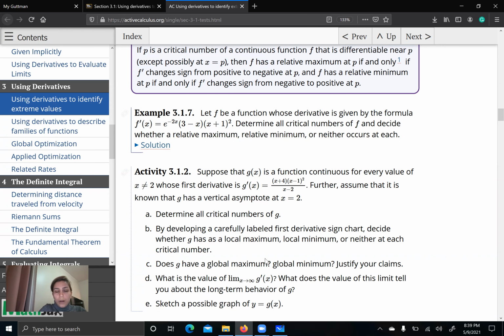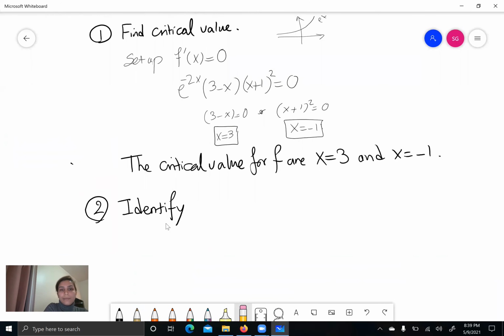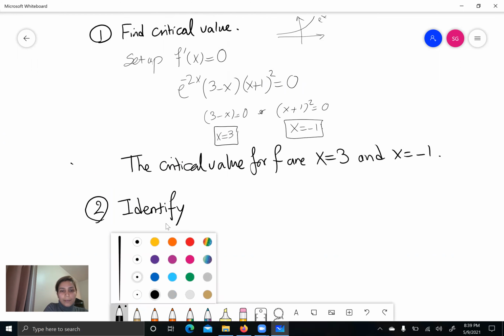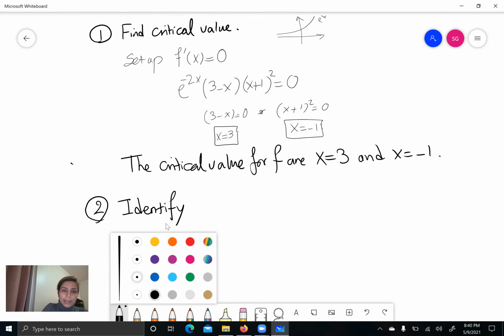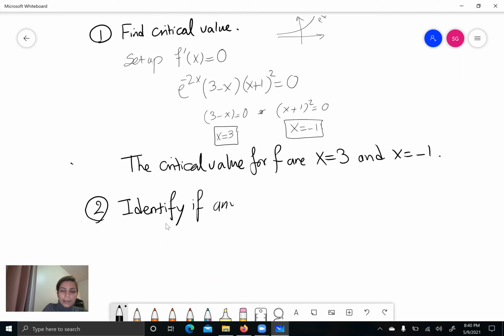Okay. So identify if any of the critical values gives something like an extreme value.